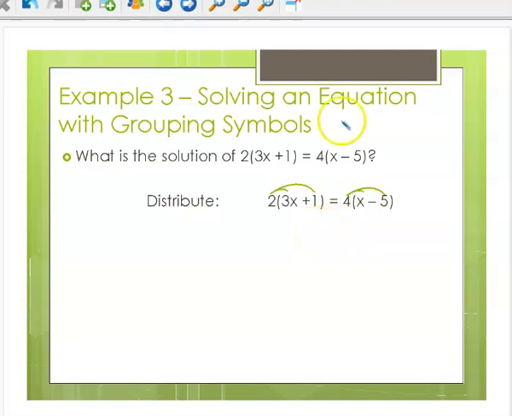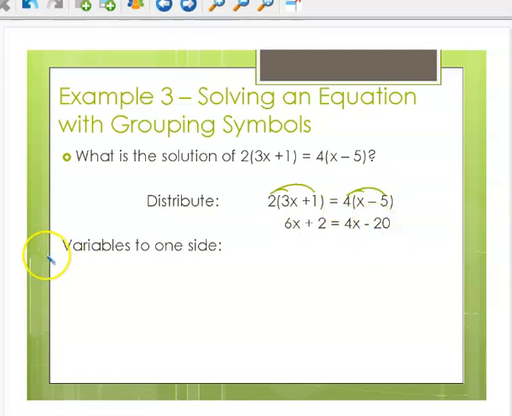Just remember, the key errors that are made is a lot of times we forget to multiply the second number, or we miss the sign when we're multiplying. So when I apply the 2 using multiplication to both terms, 6x plus 2, then on the right we get 4x, and it's a minus 20, 4 times a negative 5, minus 20.